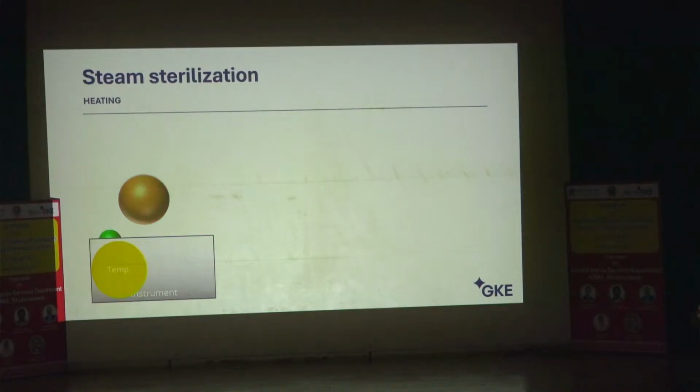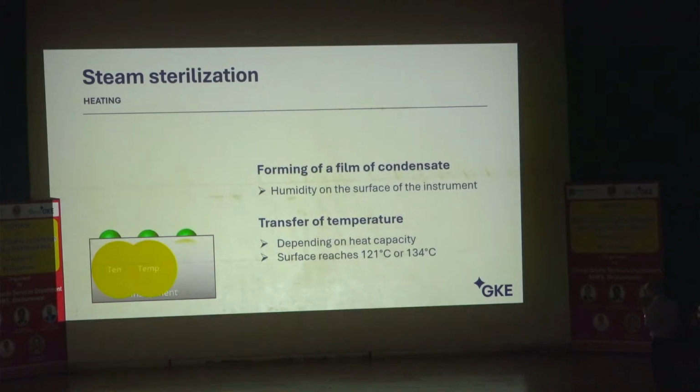And this happens several times until the instrument is heated up. So in the end we have humidity. These drops of condensate will form a film of liquid water, and the instruments are heated up to the temperature of your steam, in this example 134 degrees centigrade. Okay, very nice.